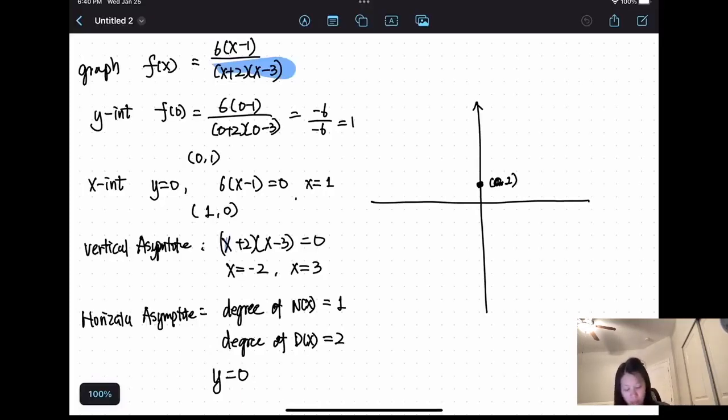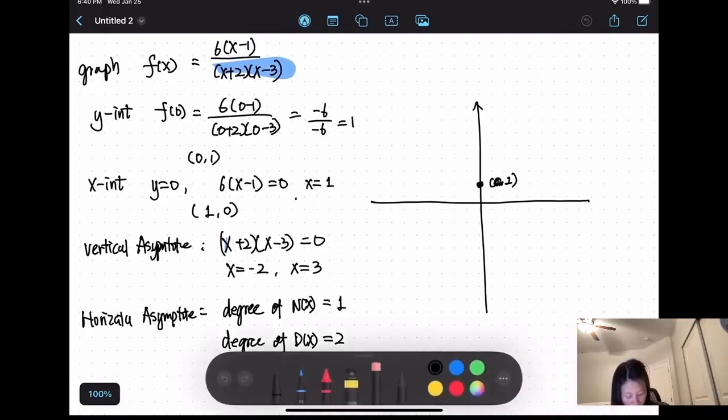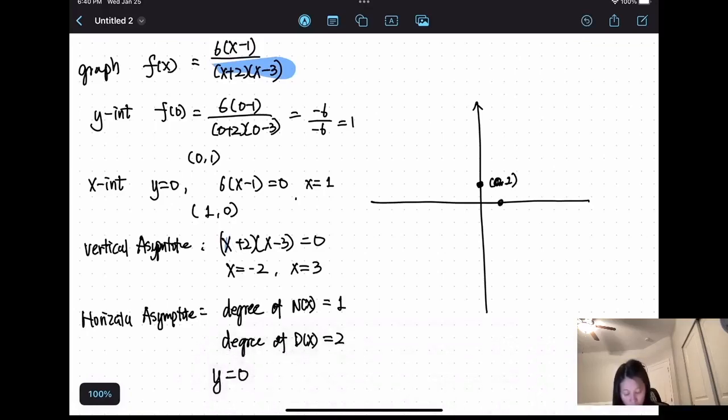And then we also have vertical asymptotes at x equals negative 2, sorry, and then x equals 3. Also a horizontal asymptote at the x-axis.